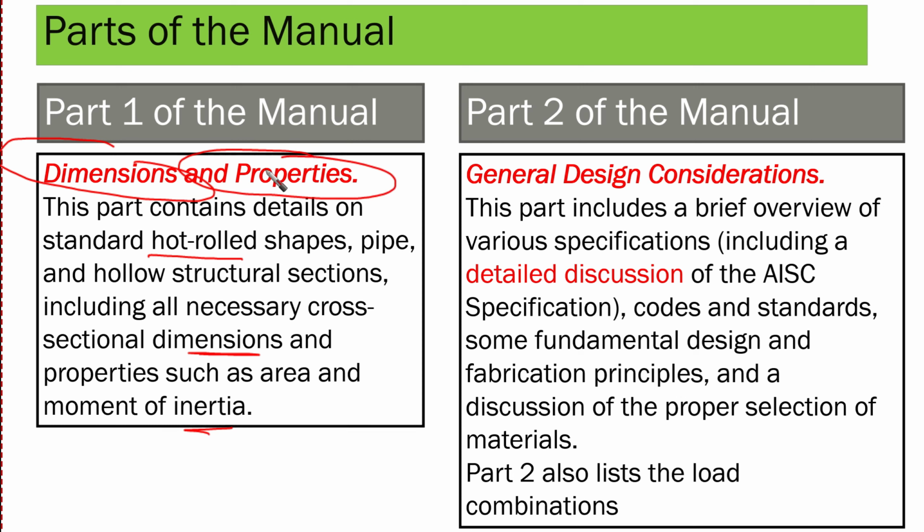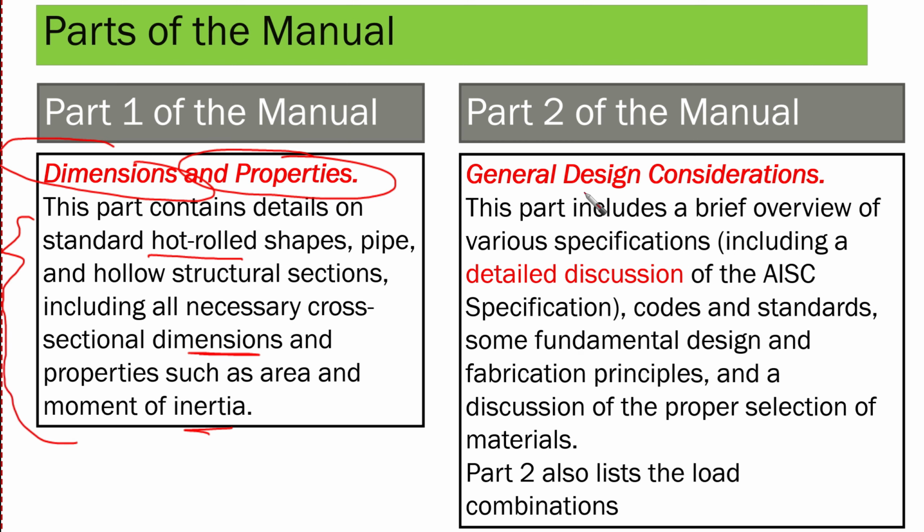Whenever you are searching for the dimensions and properties of any cross-section that you are going to use in your design, this part is going to be of great interest and important for you to refer to. And it contains many structural sections, as we can see.